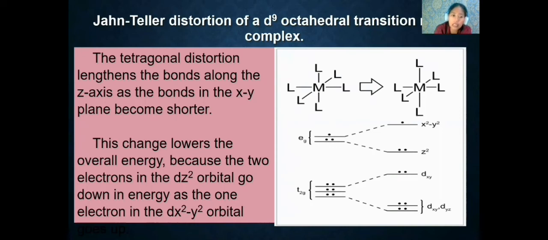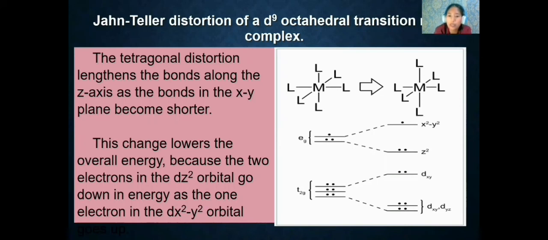This change lowers the overall energy because the two electrons in the dz² orbital go down in energy as the one electron in the dx²-y² orbital goes up. So in here there is an elongation and the opposite of elongation.